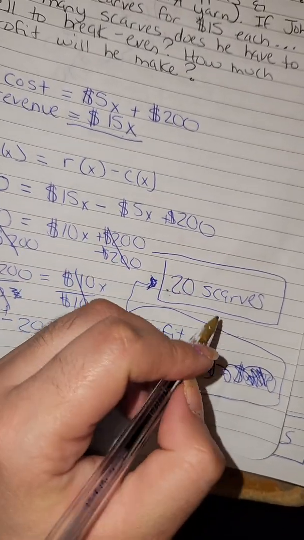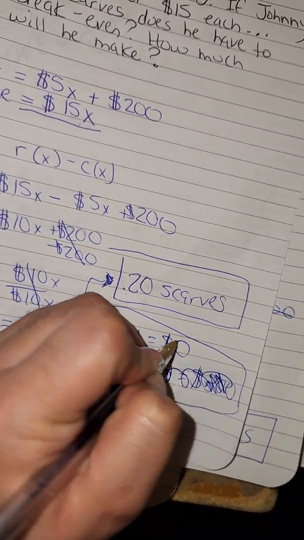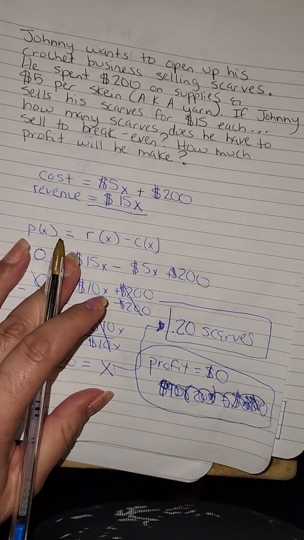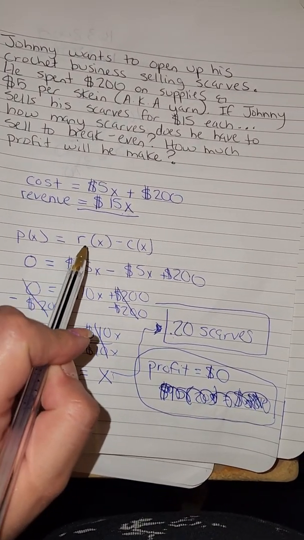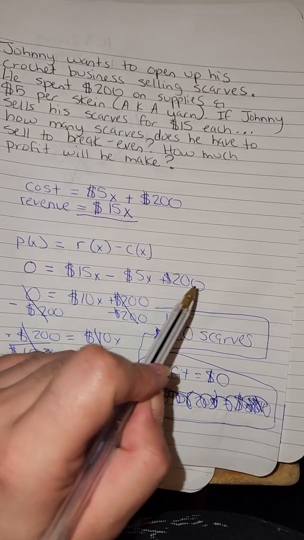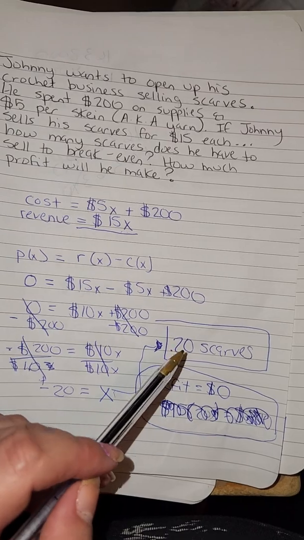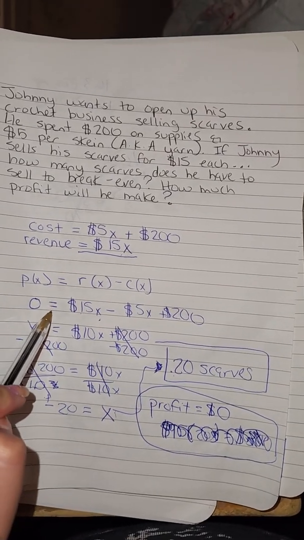I'll show you why. Profit is $0 because the equation is profit equals revenue minus cost, which I have right here. And if we plug 20 scarves into this equation, it equals 0.